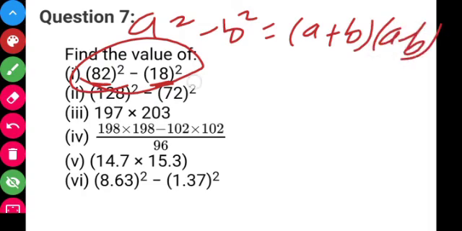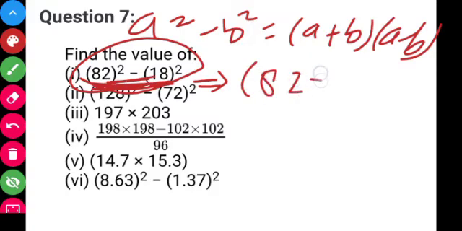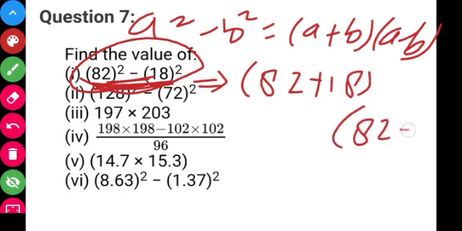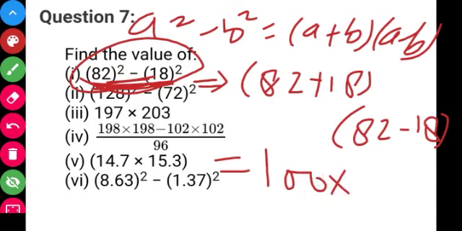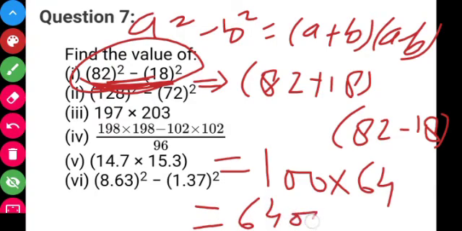So this can be written as 82 plus 18 into 82 minus 18. 82 plus 18 will be 100, into 82 minus 18 will be 64. So this will be 6400.